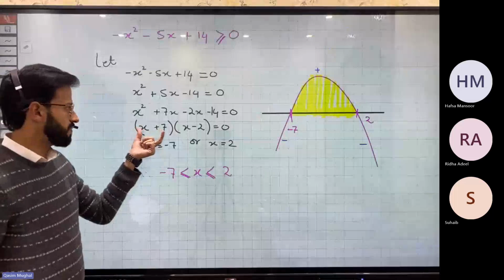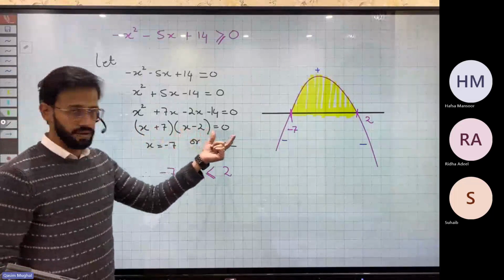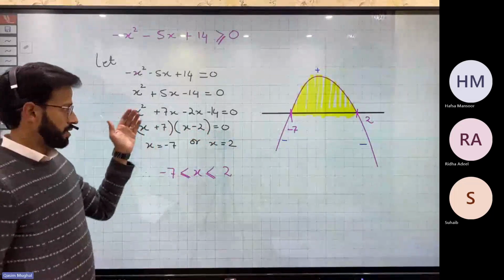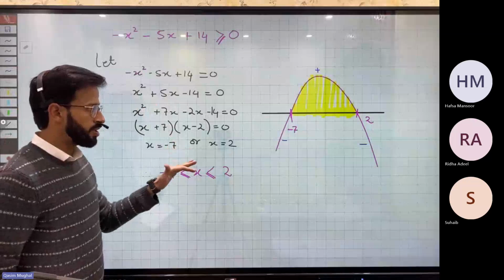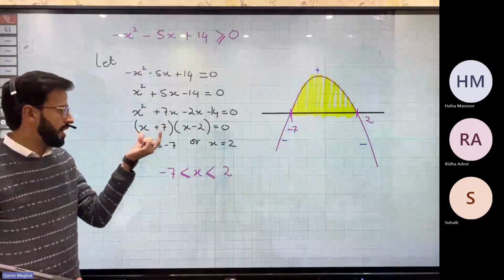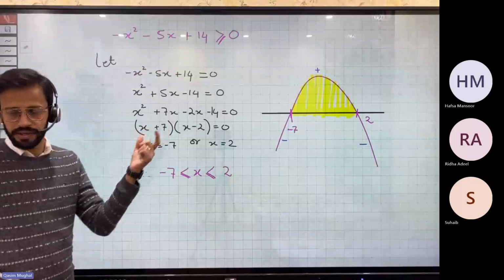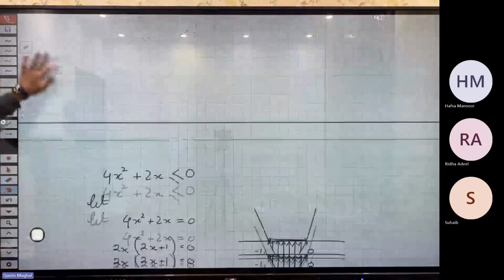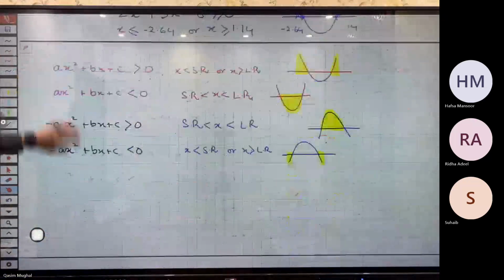So we put this factor equals 0 and this factor equals 0. What we do here is not completing the square, but applying the zero product property to know the value of x for this factor. So more or less, we'll be doing exactly the same thing.